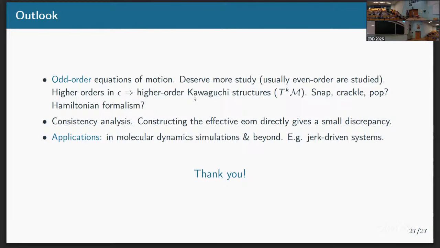Tensions come from the fact that you're basically doing different approximations on different levels. So think consistent truncation. You cannot always do the truncation in the action and the equation of motion and make them match. We also did it just from the equation of motion point of view. We got two extra terms which depend on the Berry curvature and the higher version of the Berry curvature.